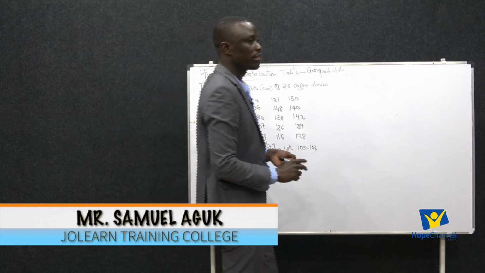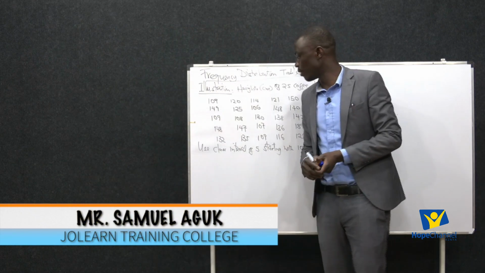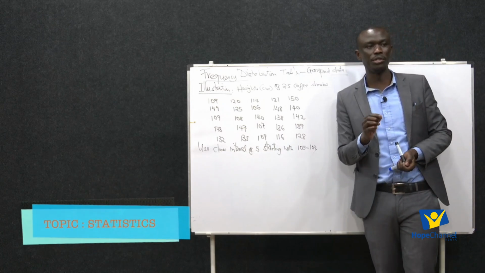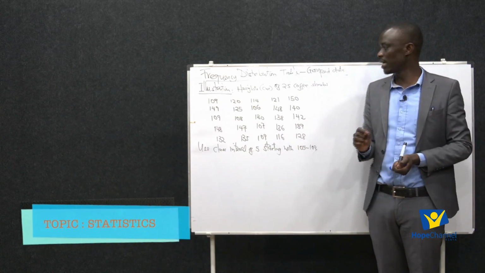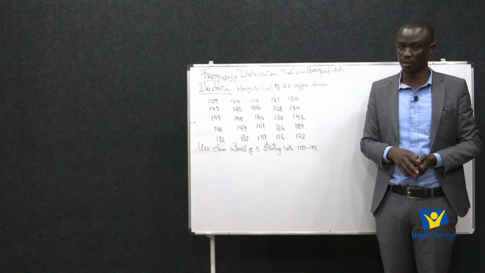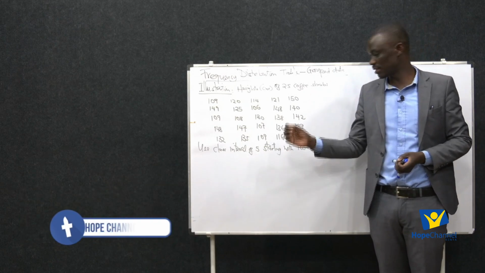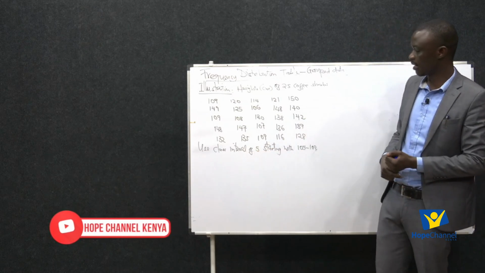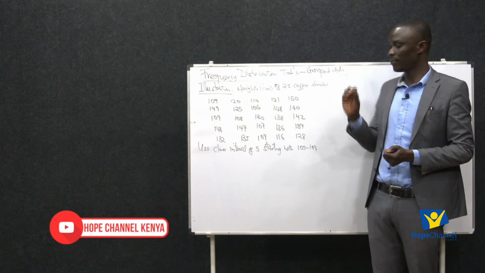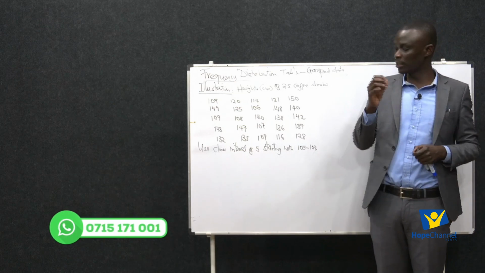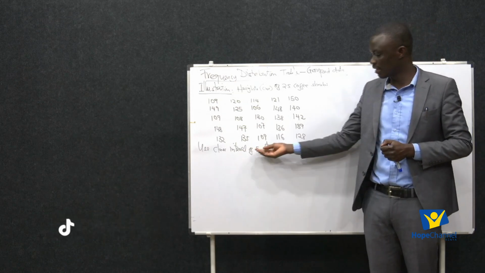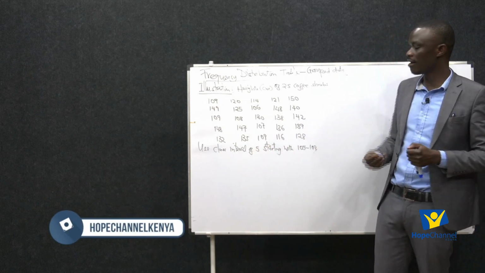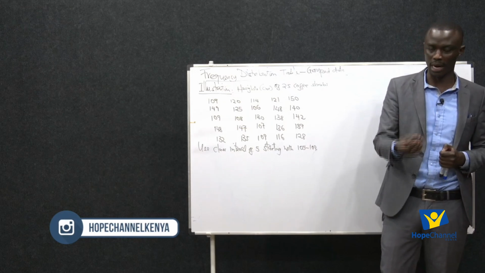We want to present this data in a frequency distribution using a class interval of 5. Remember, in our previous class, I mentioned the most common classes we use are either a class of 5 or a class of 10, and we need to have a reasonable number of classes.